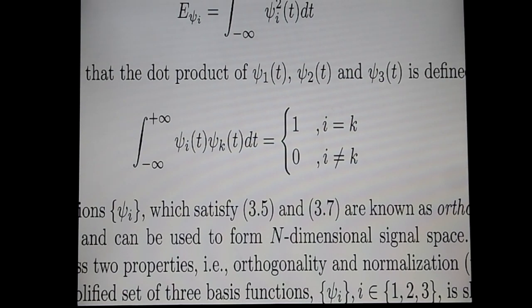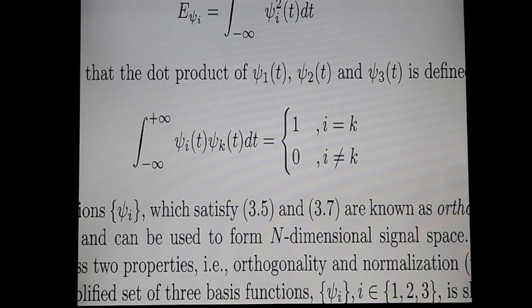equation, which says that the dot product of two signals, psi i of t and psi k of t, is equal to 1, unity, only when i equals k, which means if it is the same signal, then the dot product is unity.